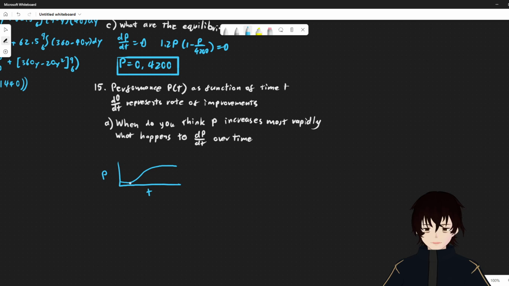But how do I see that? I think I can give an easy answer, but I think it would increase most rapidly sometime after the start. I should put "I think" here, because there's no science behind this.